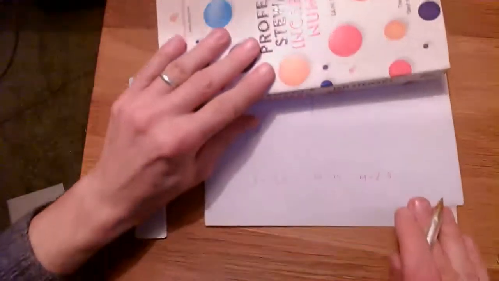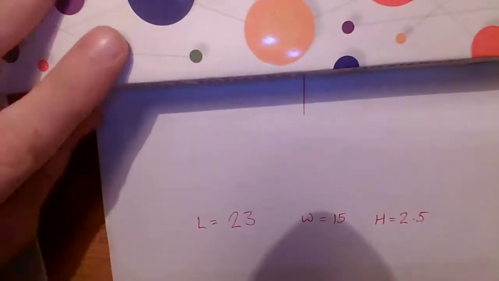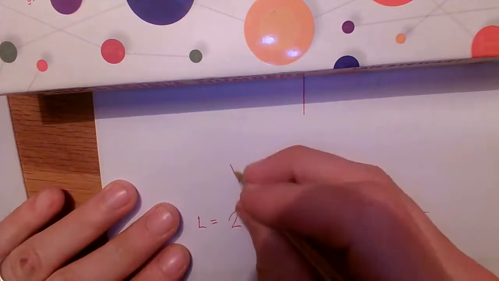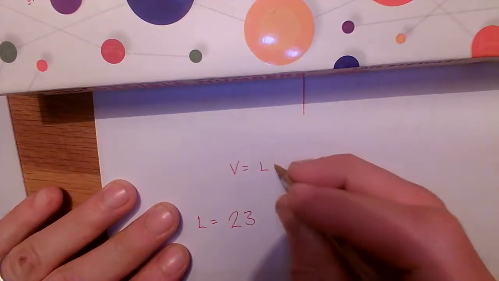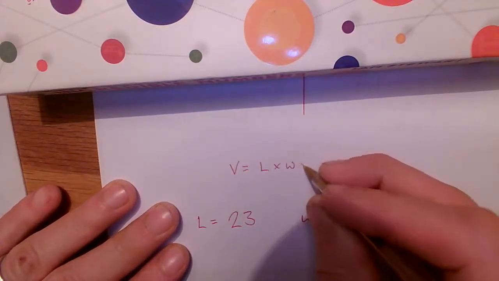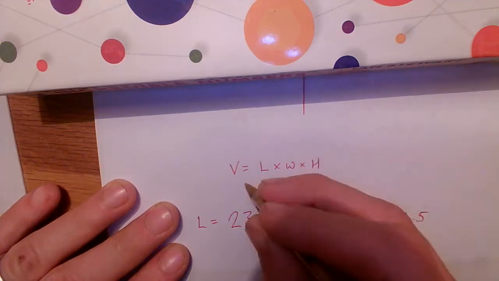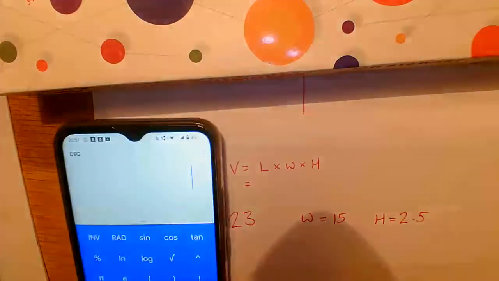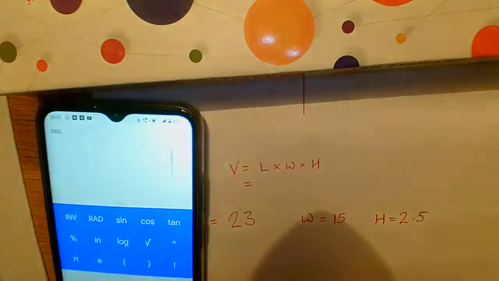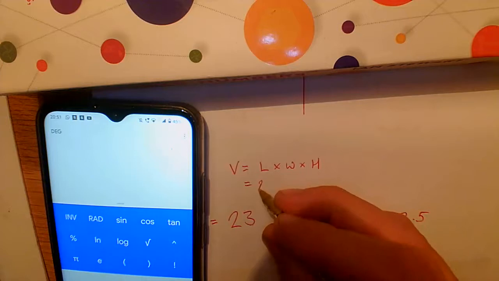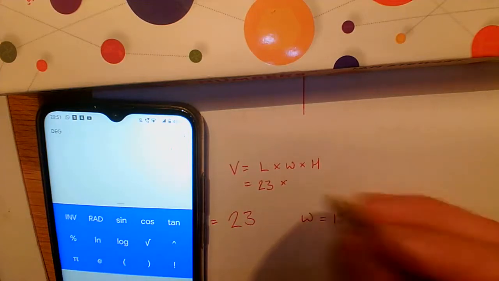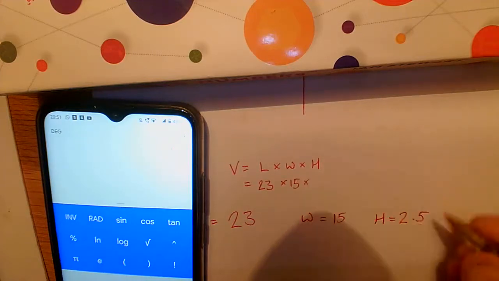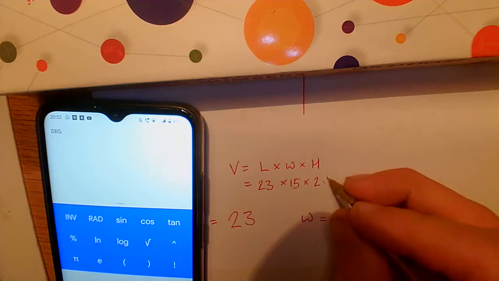So if I want to find the volume of my book, my volume always equals length times width times height. Putting that into the calculator, I'll write it down first: 23 times 15 times 2.5.